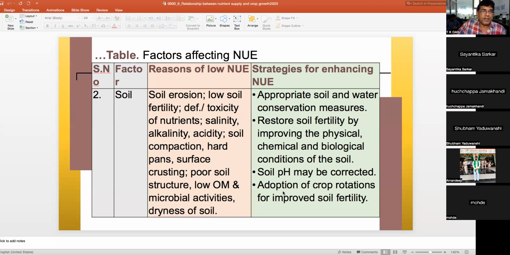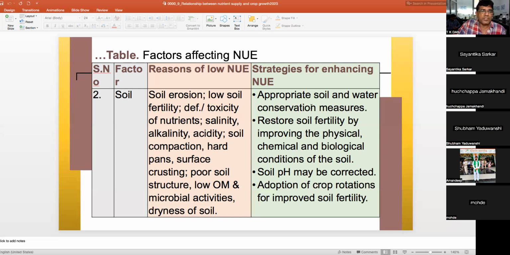And if you take these factors towards the negative side, meaning your soil structure is not good, soil compaction is there, soil is alkaline, all these negative soil factors will reduce the nutrient use efficiency. So what can be done? Appropriate soil and water conservation measures should be followed. Means you should stop soil erosion, improve soil physical, chemical, and biological properties.